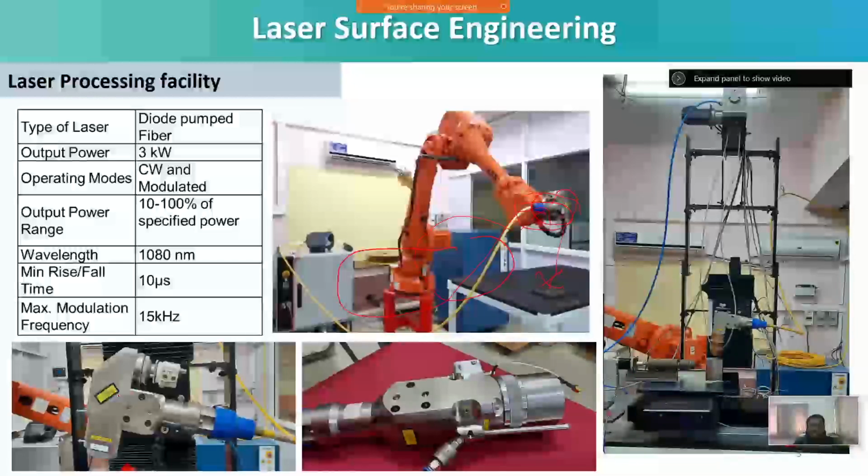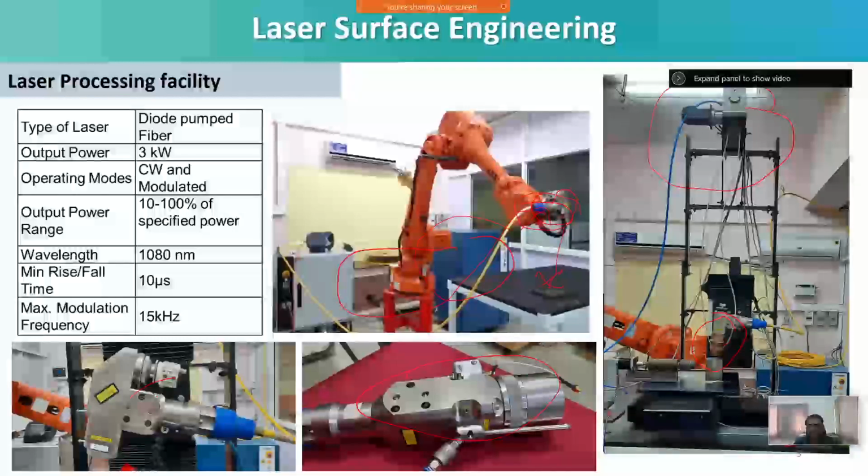What you are seeing here is a surface treatment head, and here it is a cutting head. And this is one cladding arrangement. We made a customization with a single hopper, and you can see here, this is the coaxial powder feeding nozzle, and through that you can feed the powder and do the operation.